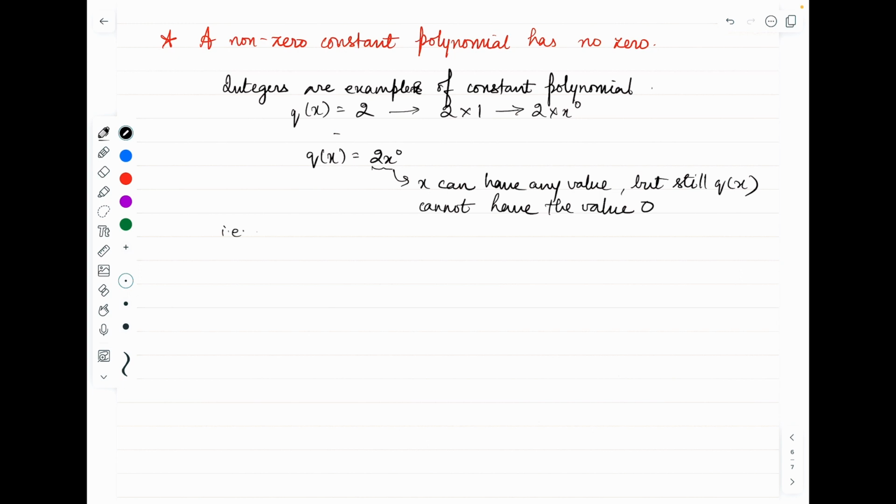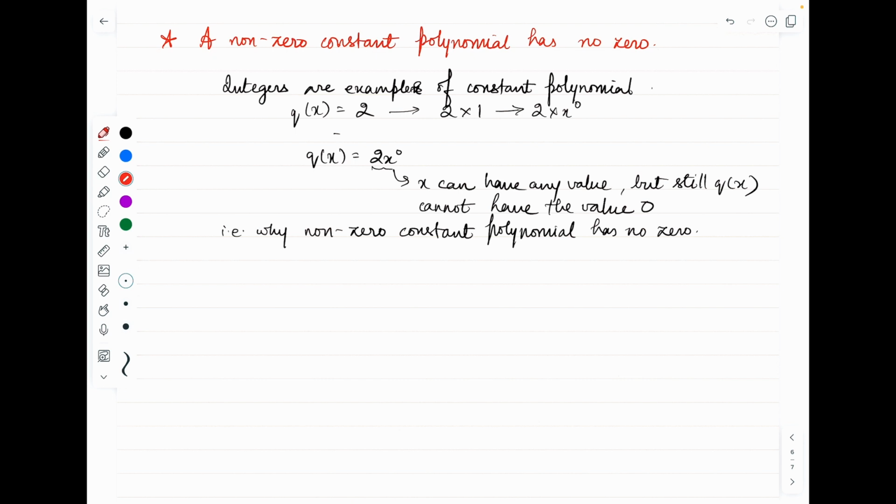That is why a non-zero constant polynomial has no zeros. Whatever value of x you take, the q of x value will remain the constant's value, that is 2 here. So it cannot have a zero.